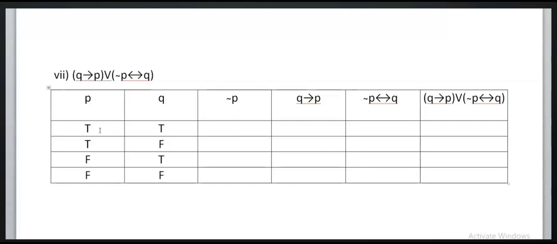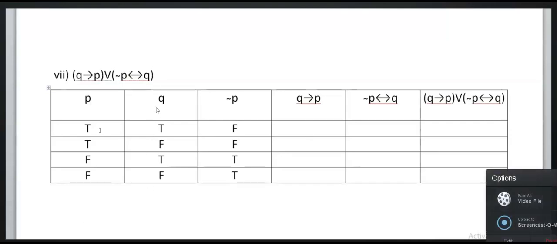Negation of P: FF, TT. Q implies P. And for the implication, now see this. Q implies P. T implies T, therefore it is true. F implies T, therefore it is true. T implies F, therefore it is F. F implies F, therefore it is true. And both are same, then it is true.